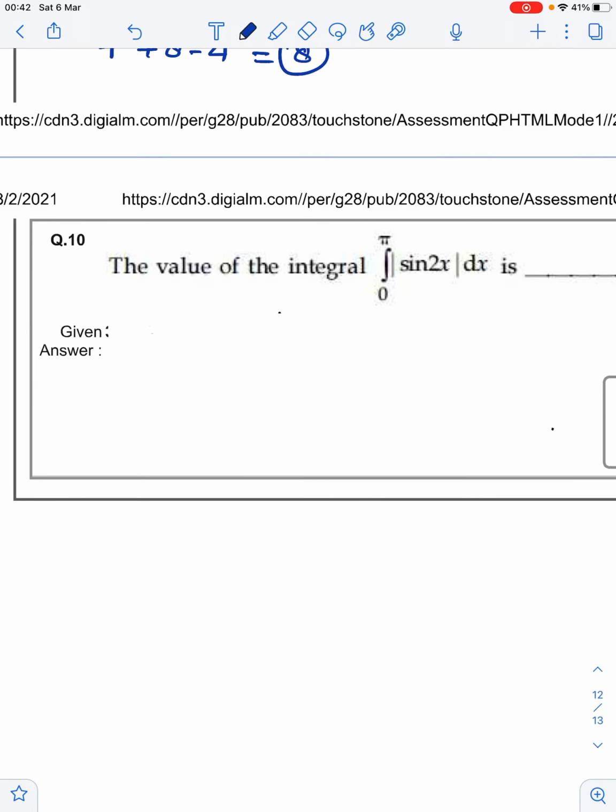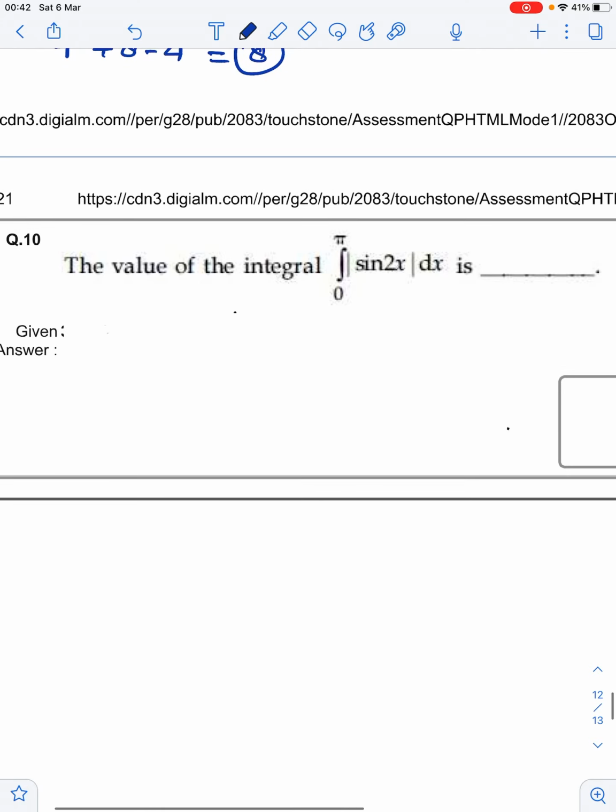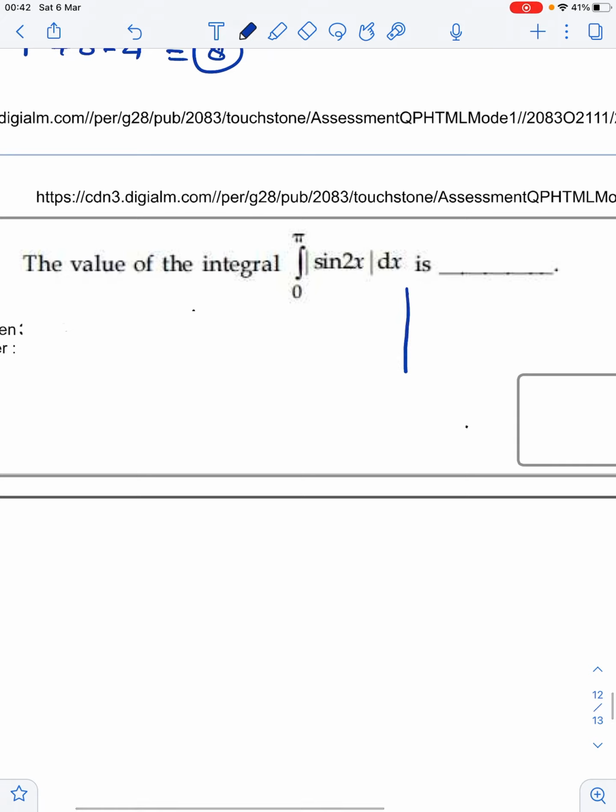Now question number 10, definite integration, mod of sin 2x integration. If you use a little graph, the things will be more clear, because it is sin 2x. The periodicity changes. Period is, sorry, pi by 2, because for mod sin x the period is pi.